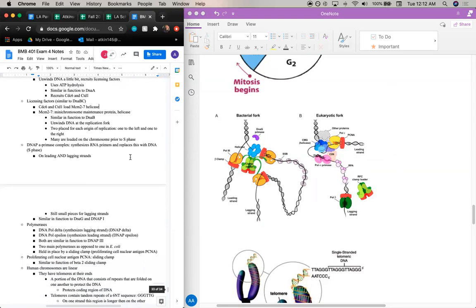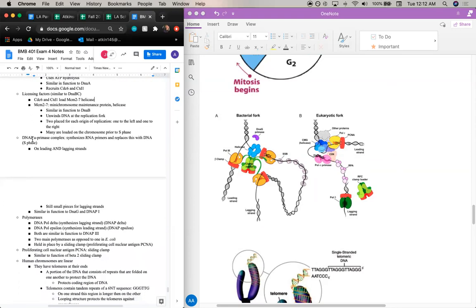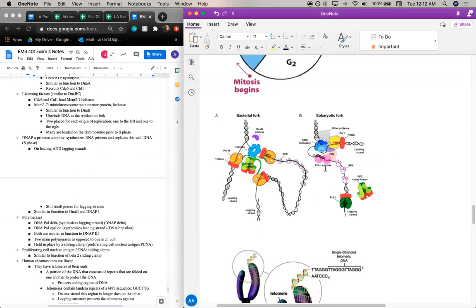Awesome. Okay, so we have this DNA polymerase alpha primase complex, which we can see on this eukaryotic picture here. It synthesizes RNA primers and replaces them with DNA.